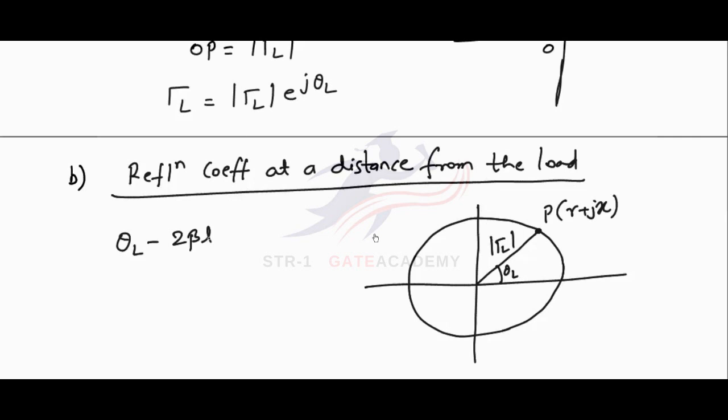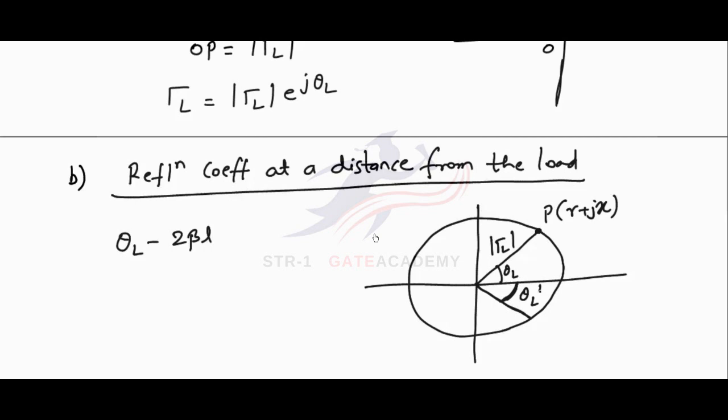Suppose after moving 2 beta L, I reach here. So my new theta L is this. Let me consider this as theta L dash.